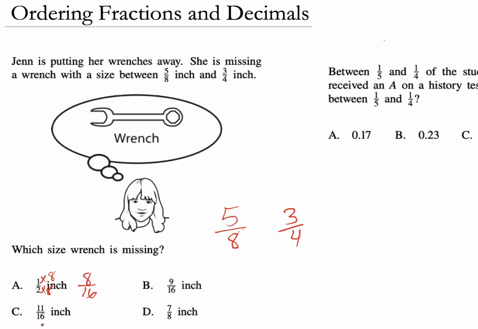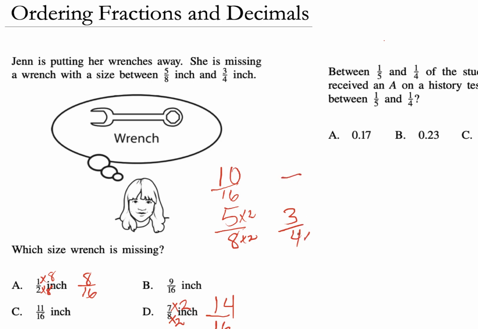This is good because he has a 16, and this is good. But this one, to make it a 16, I would have to times by 2 at the bottom and 2 at the top. So then that's 14. Now the 5/8, to make that into a 16, let's put it up here. I would have to times by 2. So that's 10/16.